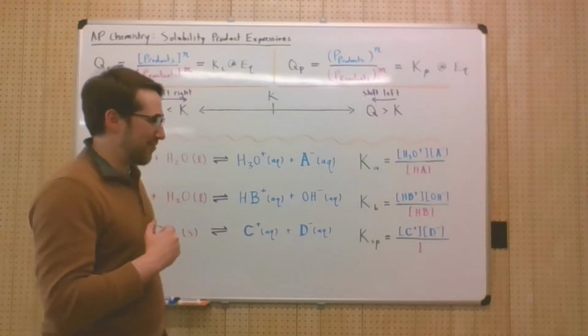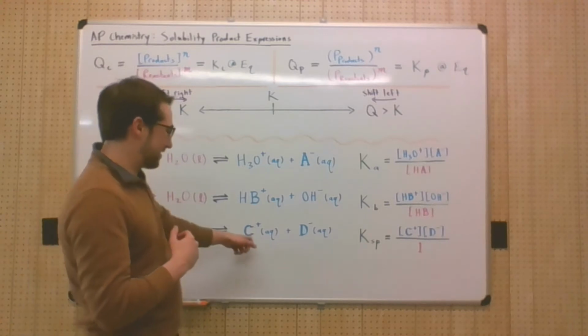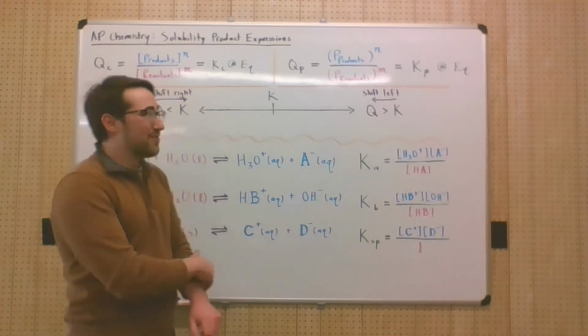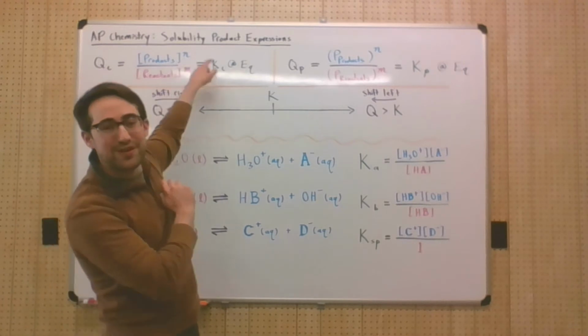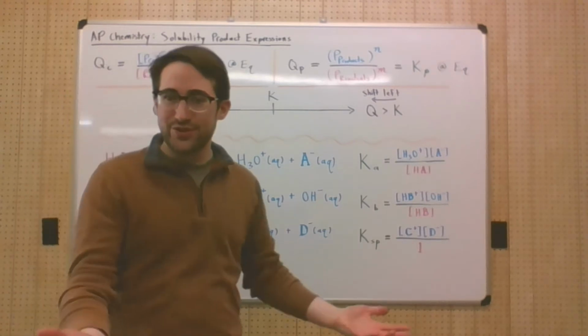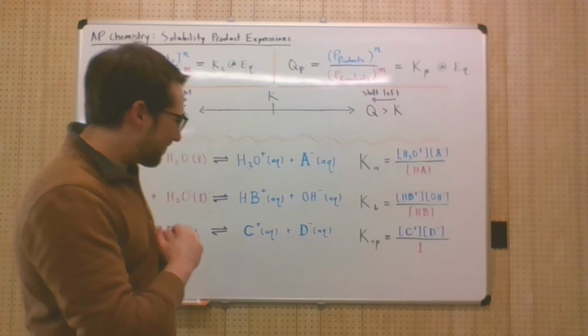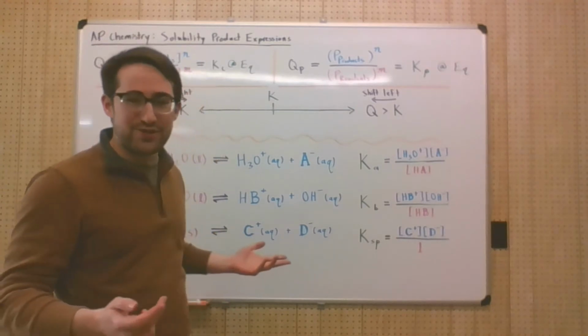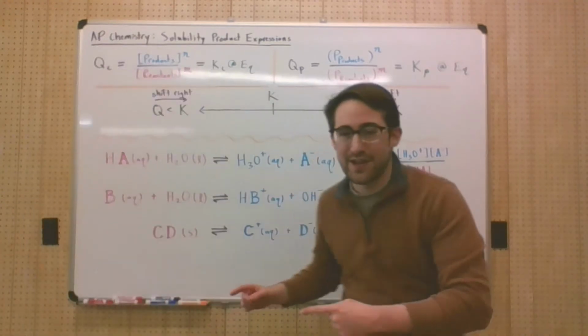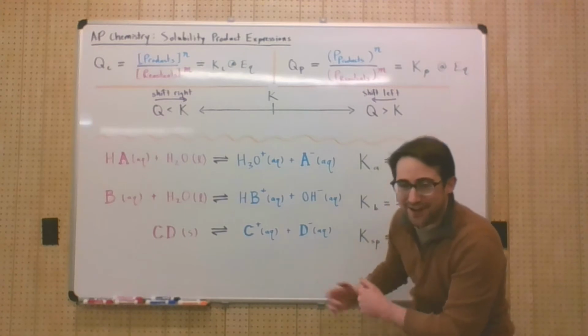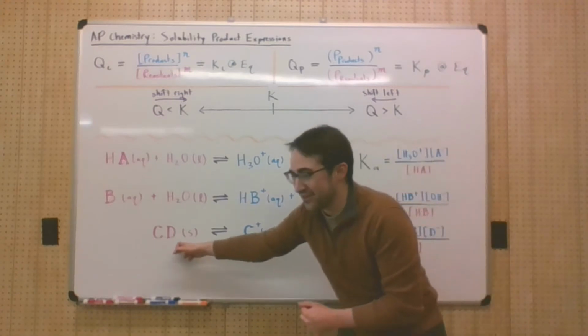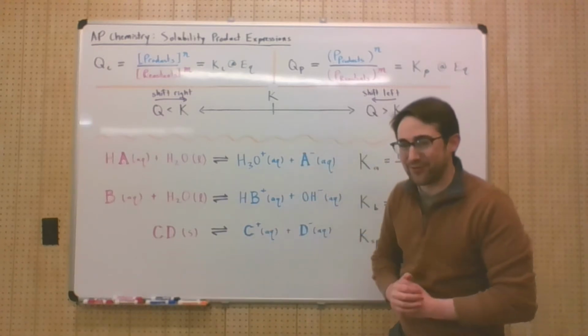Now, because we're dealing with stuff that is dissolving, this is all about solubility, how many ions we can fit into a solution. Whenever we're writing out a precipitate breaking up into its ions, we've always got a solid on the left and aqueous stuff on the right.